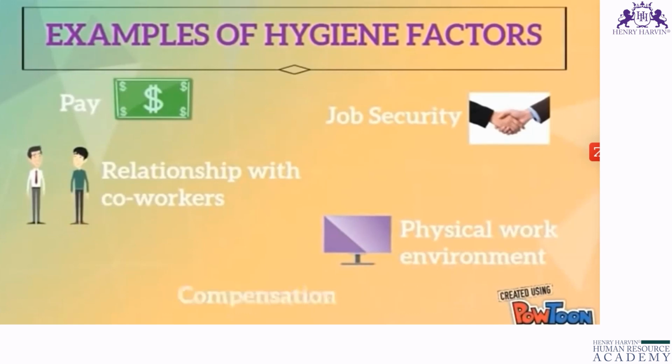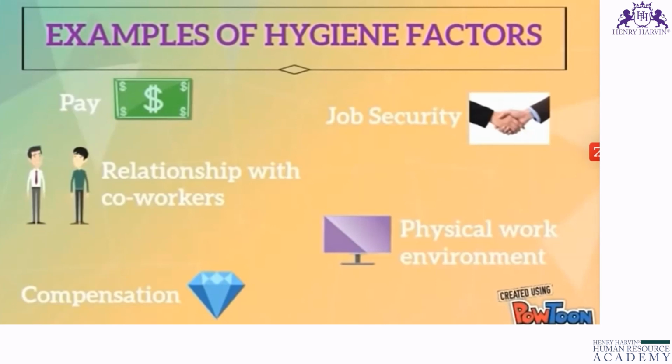The example for pay would be salary commensurate with experience. Meanwhile, for job security, the example would be when a worker prefers a job with a permanent position over one with a contract. For the third one, which relates to social needs, the example is having a good relationship or interaction with the co-workers.